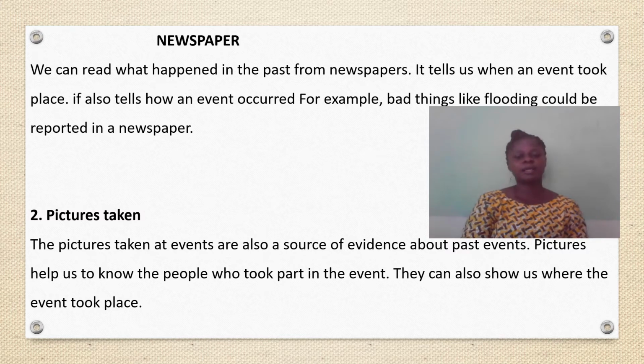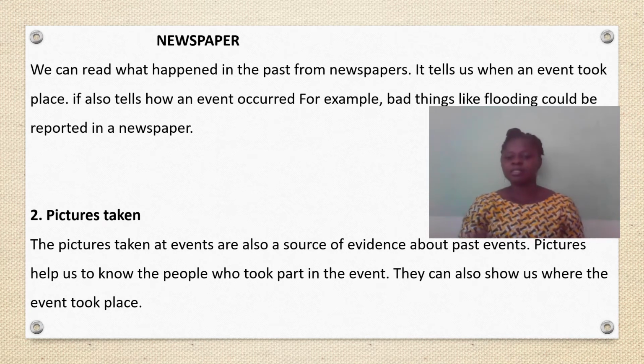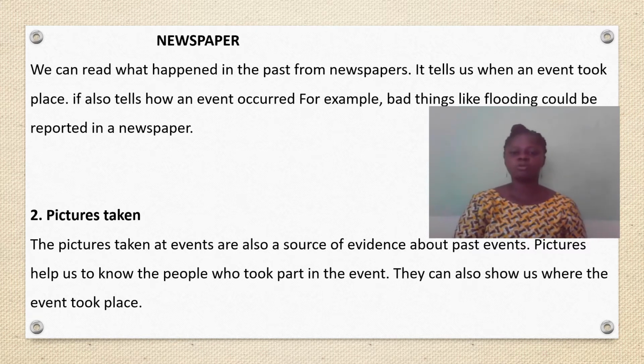The second place where we can get information about past events is the pictures that are taken. Pictures taken at events are also a source of evidence about the past event. They help us to know the people who took part in the event, and they can also show us where the event took place.